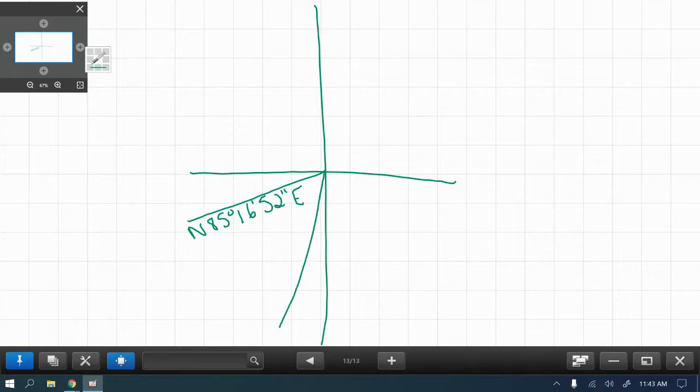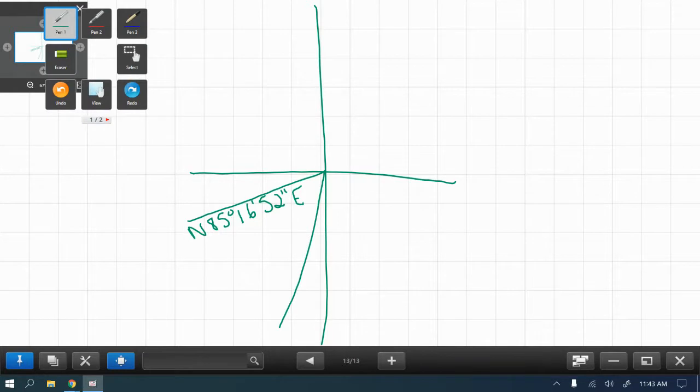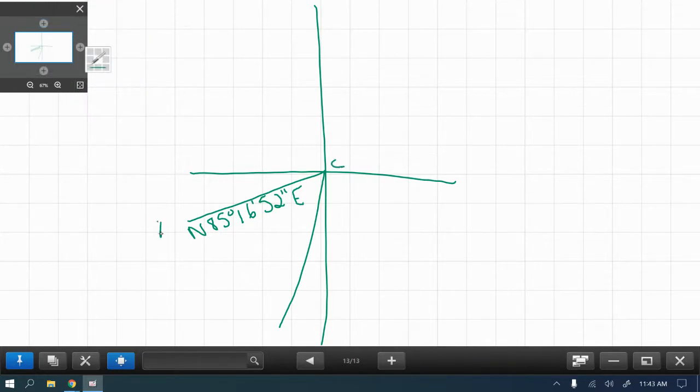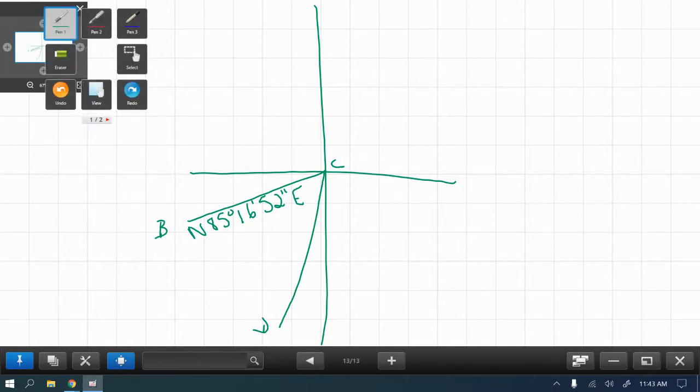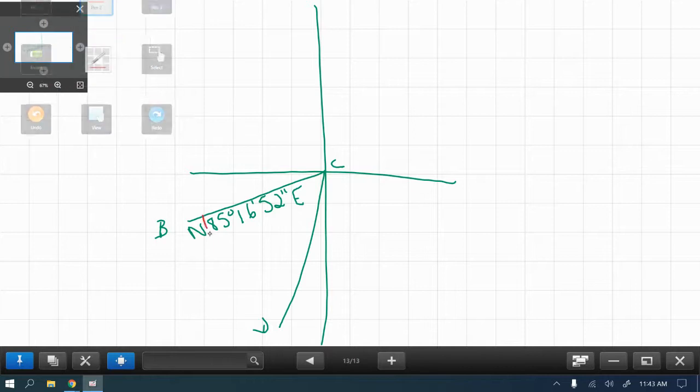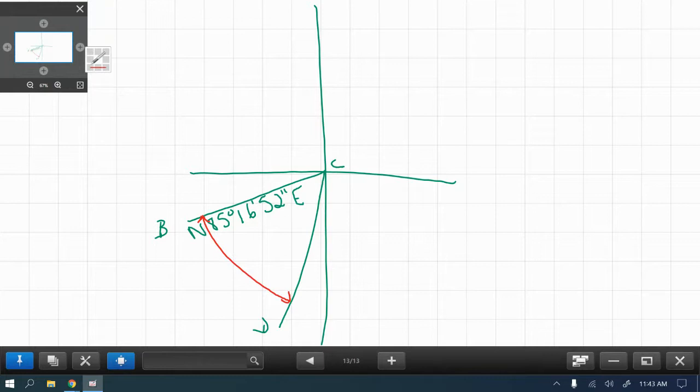And then that's C, that's B, and this is D. Okay. So I gave you this angle, and that is 58 degrees, 7 minutes, and 39 seconds.